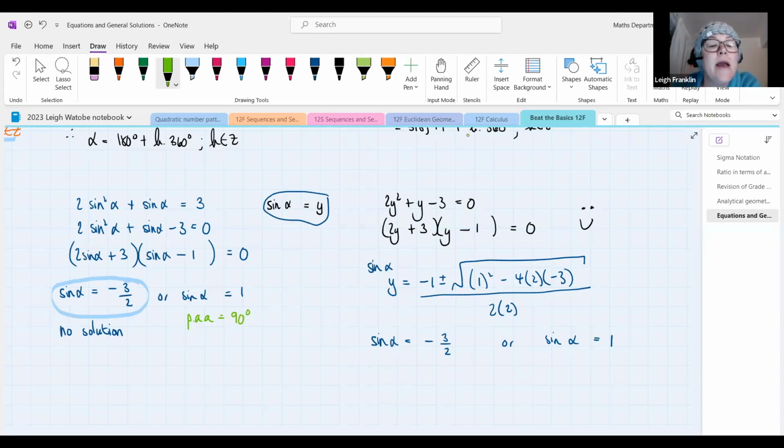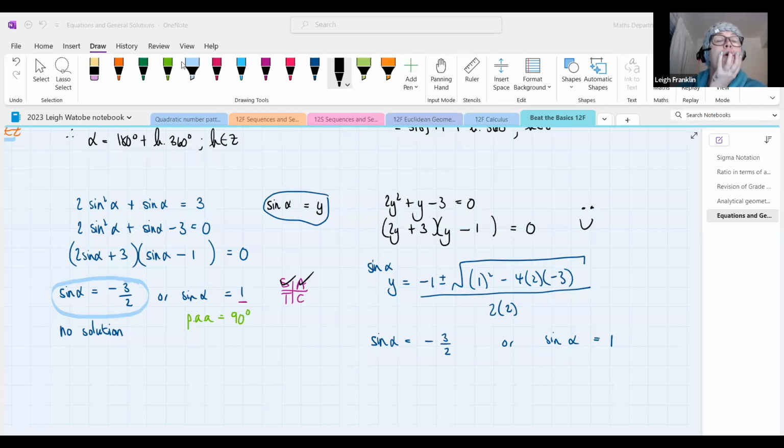Our ratio is positive 1. So in our CAST diagram, we've got to do a solution where sine alpha is positive, either quadrant 1 or quadrant 2.